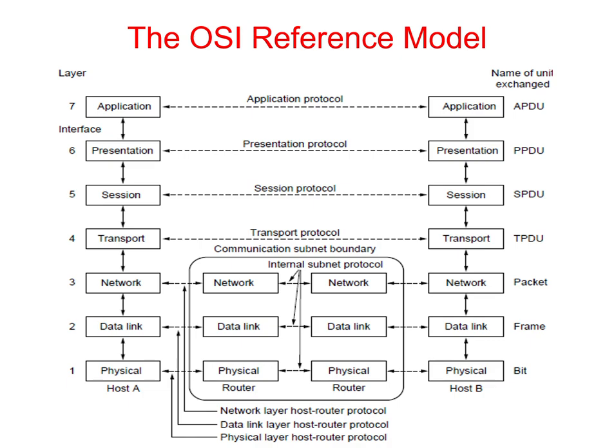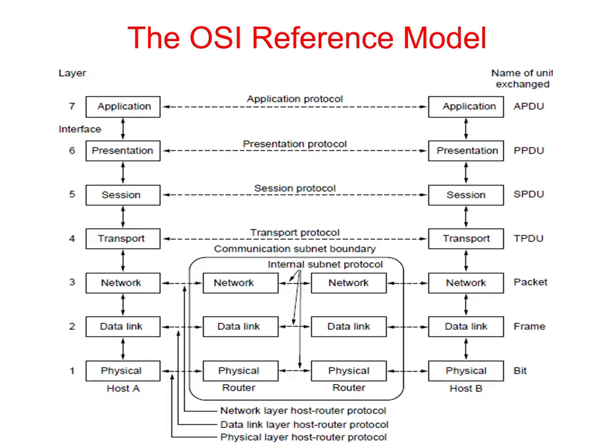Coming to the next one, interfaces. For each pair of adjacent layers we have interfaces. Between the application layer and the presentation layer, we have an interface called the application-presentation layer interface, which provides the communication from one layer to another layer. Similarly, between the presentation and session layers we have the presentation and session layer interface.